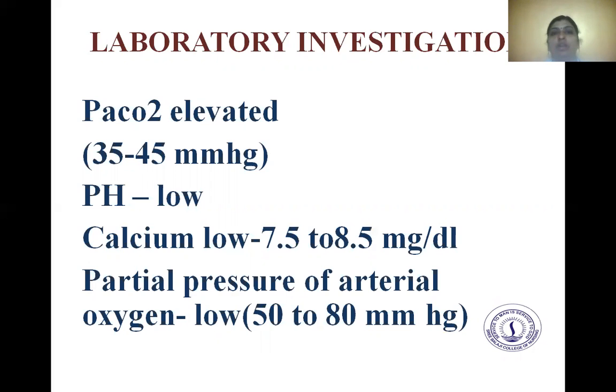The child will be more prone to get RDS, and the pH level will be low. The normal pH is 7.35 to 7.45, and the child will have a low calcium level. The normal one is 7.5 to 8.5 mg per deciliter, and the partial pressure of arterial oxygen will be low. The normal level is 50 to 80 mmHg.